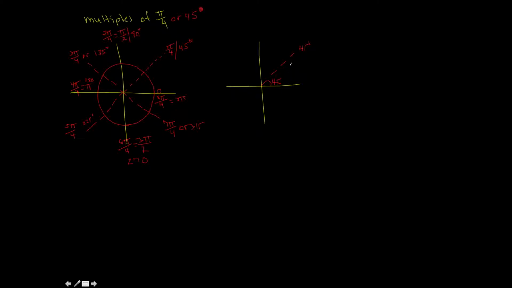Alright, so if we were to draw a right triangle all the way down to the x-axis here, this would be a 90-degree angle here. So that would make this angle right here 45 degrees as well.